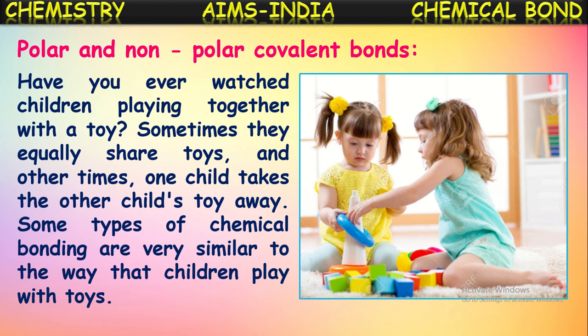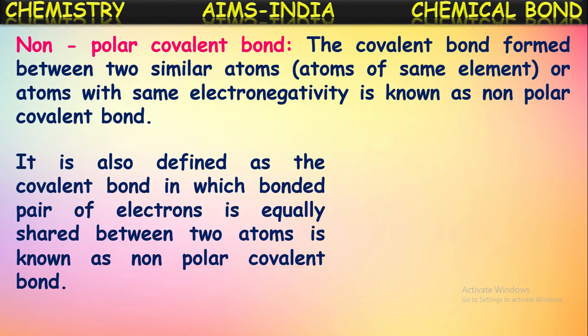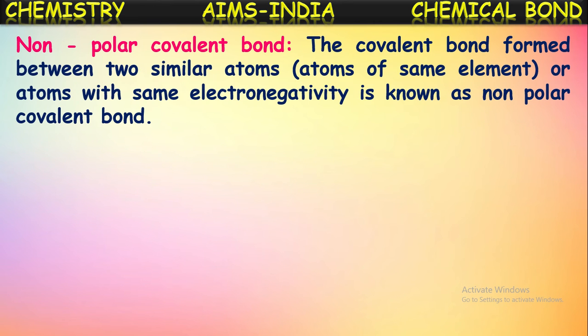Some types of chemical bonding are very similar to the way that children play with toys. This type of situation happens even between the atoms in chemical bonding. Let us see what those are. First, let us see non-polar covalent bond.